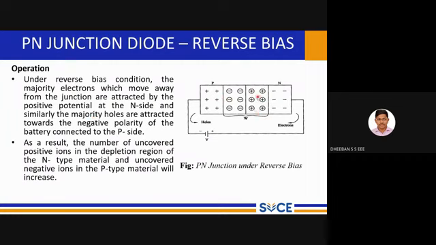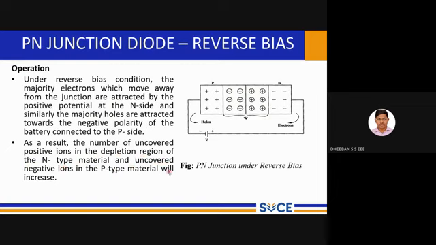There will already be a positive terminal here, which attracts these electrons. Similarly, the majority holes are attracted towards the negative polarity of the battery connected to the P side. As a result, the number of uncovered positive ions in the depletion region of the N-type material and uncovered negative ions in the P-type material will increase.